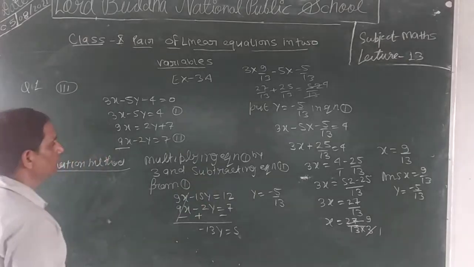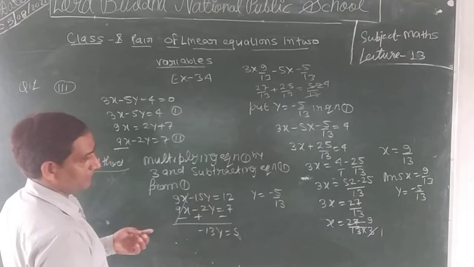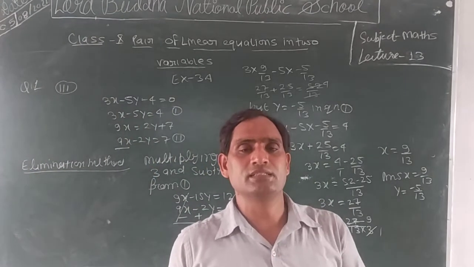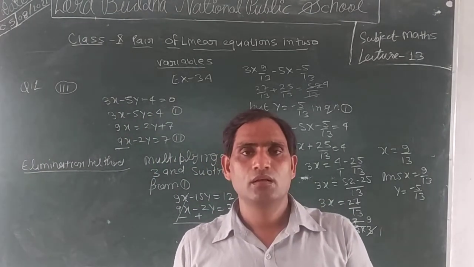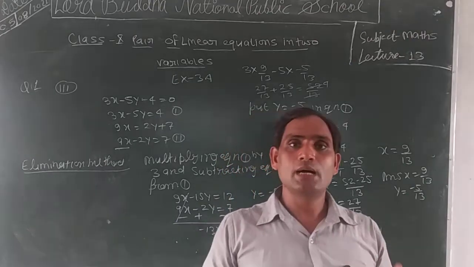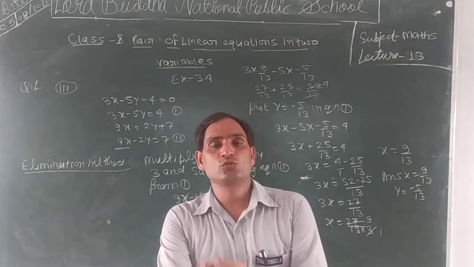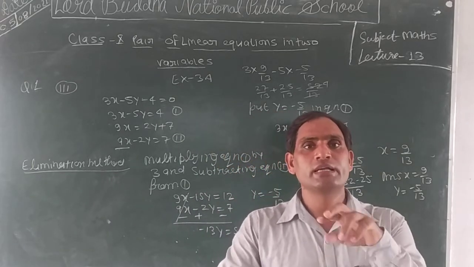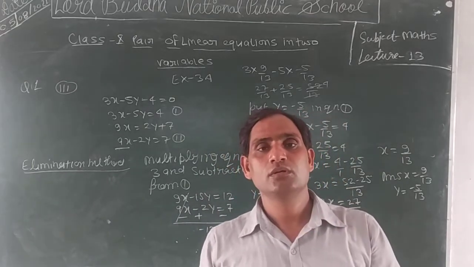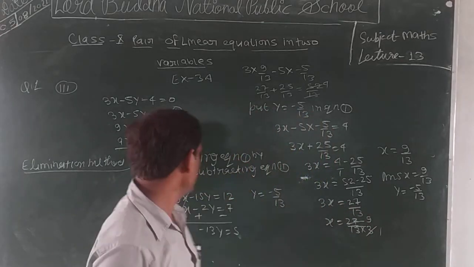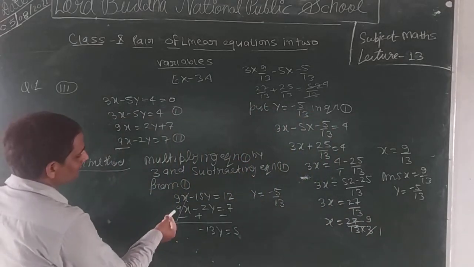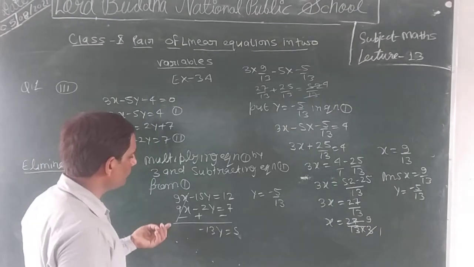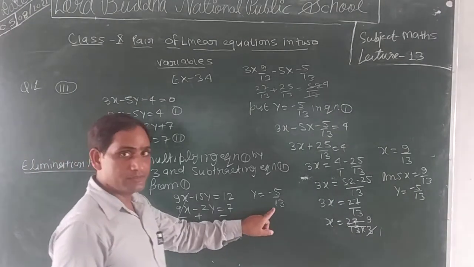After that, to eliminate: if the signs of the equal coefficients of the variables are opposite, then we add the two equations. And if they are of the same sign, both negative or both positive, then we subtract. Here 9x and 9x are both positive. Hence we subtract equation second from equation first and we get the value of y.